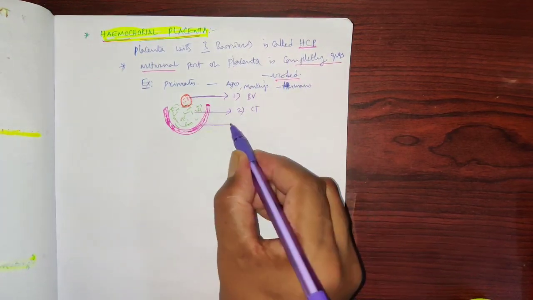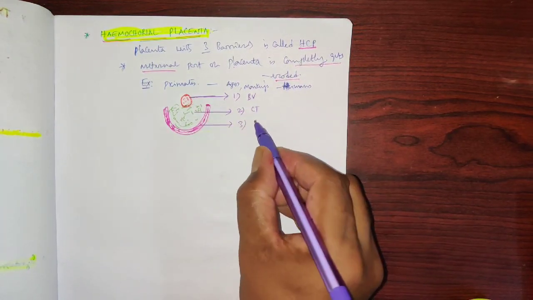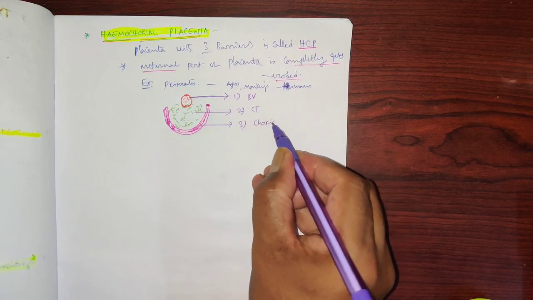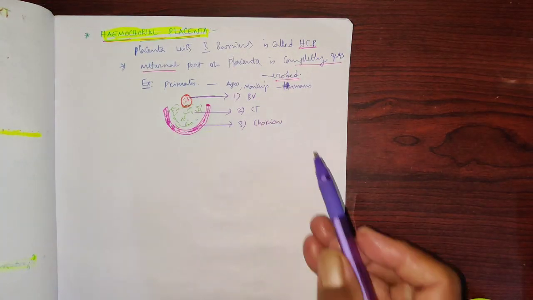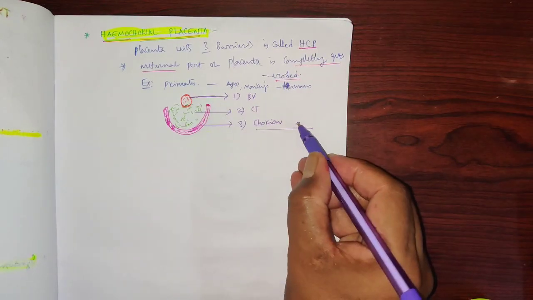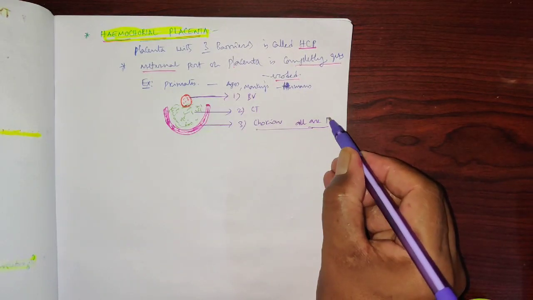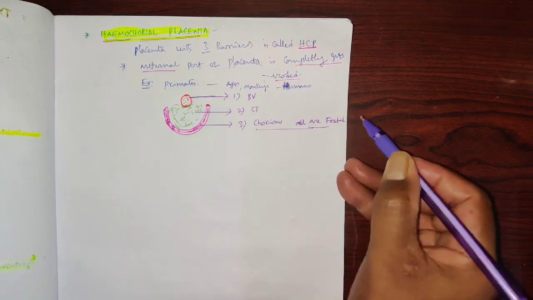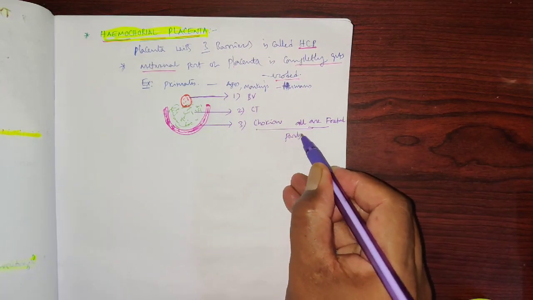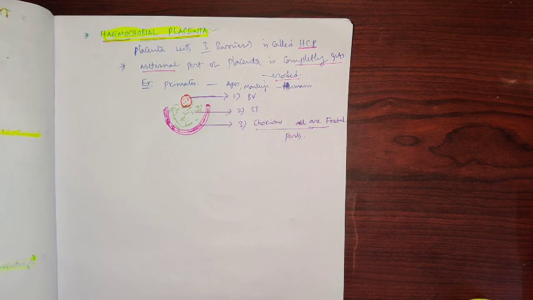In this, all are fetal parts, no maternal part. So this type of placenta is called hemochorial placenta. The human placenta comes under hemochorial placenta.